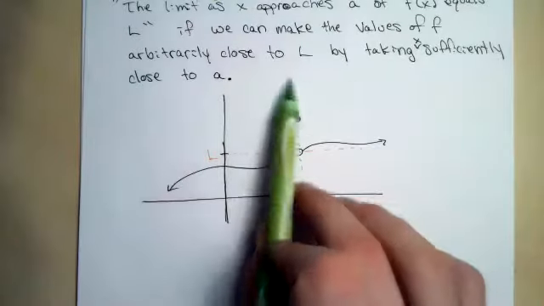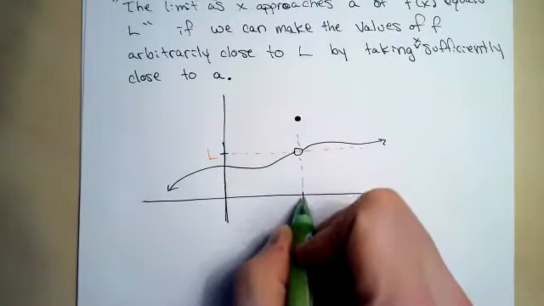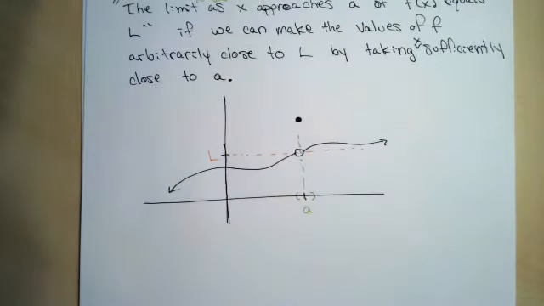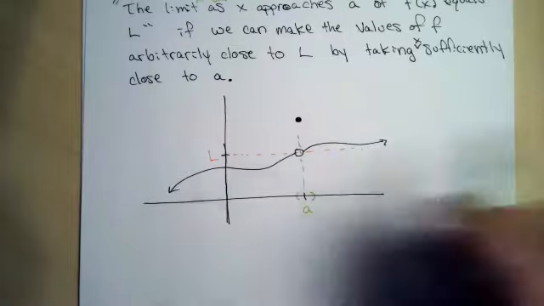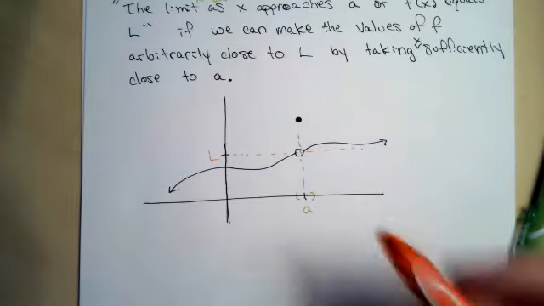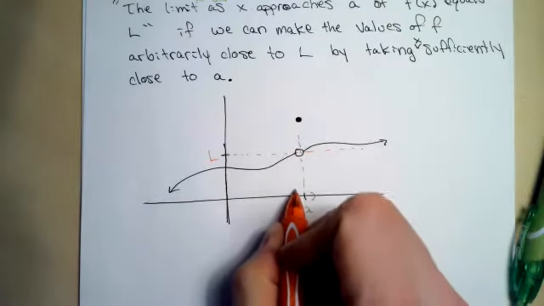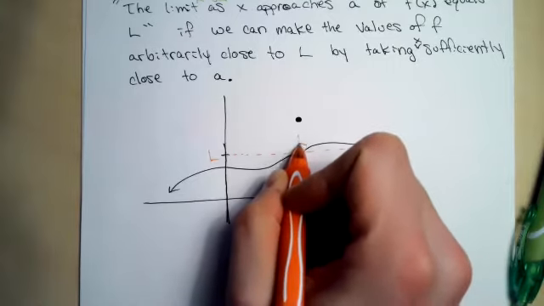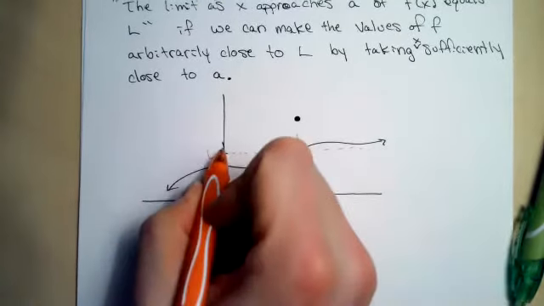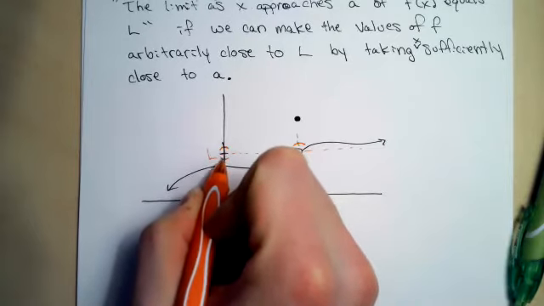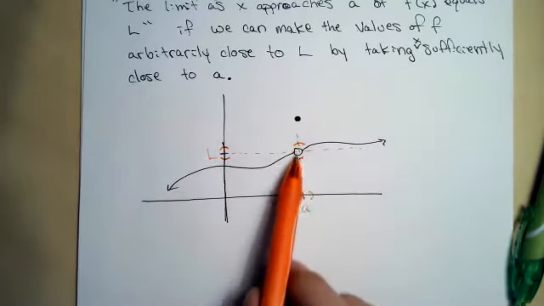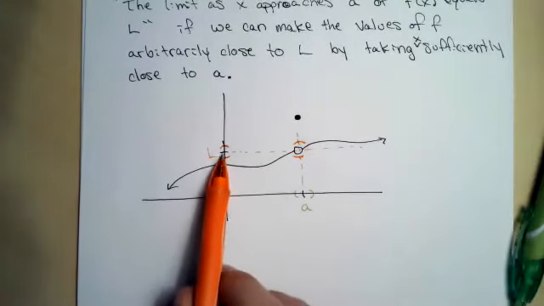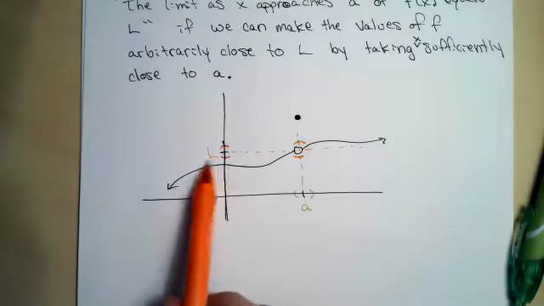Well, as our x values get arbitrarily close to a, in other words, if we have a tiny window of x values that we want to consider, then the y values will end up fairly close to L. In other words, the range of y values corresponding to this range of x values is going to be very tiny and essentially very close to L, the actual limit.